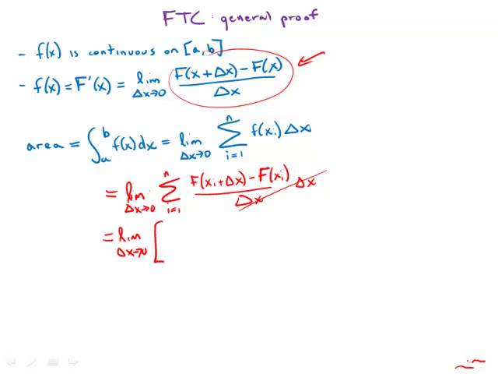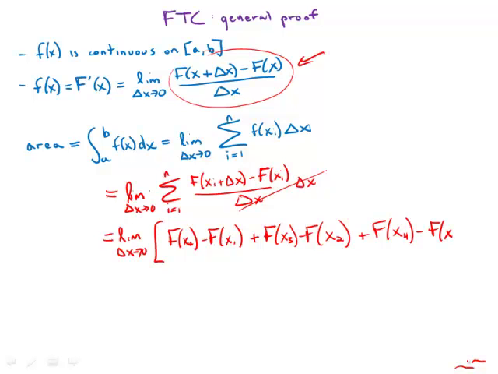What that would be is capital F(x sub 2) minus capital F(x sub 1), plus capital F(x sub 3) minus capital F(x sub 2), plus capital F(x sub 4) minus capital F(x sub 3), and then dot, dot, dot, and of course it would go all the way up to capital F(x sub n) minus capital F(x sub n minus 1).